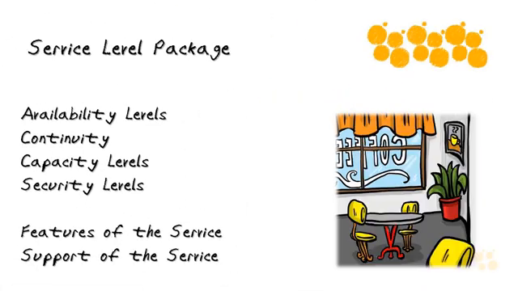With a service level package, basically this is a way to have your service packages offer different levels of those packages. And this is going to be in different ways. This can be in how available something is going to be. Is it available all the time? That's what continuity really means. What capacity can you handle?